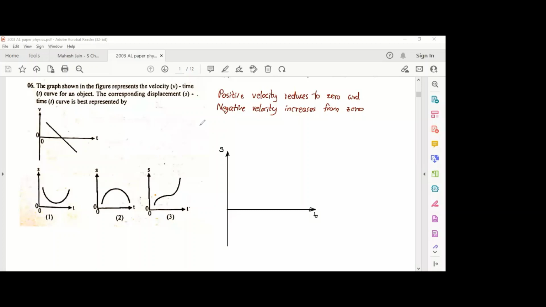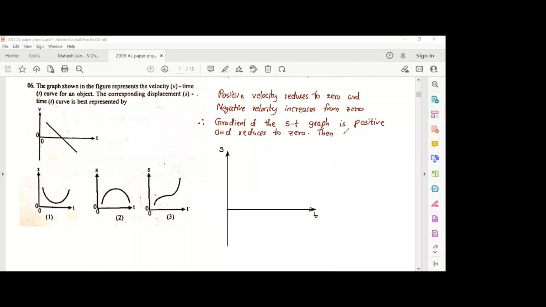So similarly we can say the gradient of the ST graph is velocity. So you can say the gradient of the ST graph is positive and reduces to zero.